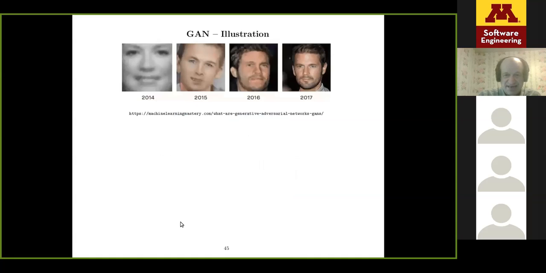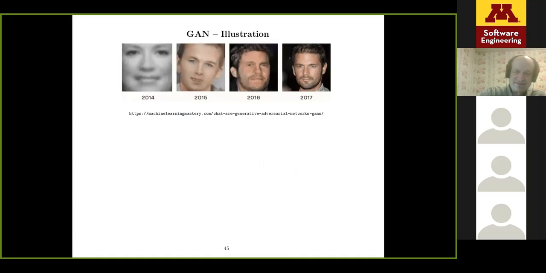And to give an idea of how well these GANs work, this is an illustration showing the progress in generating fake faces by this method. In fact, this is fairly recent. In 2014, you could generate faces that look like faces, but were pretty fuzzy. And as time goes along, they got better and better. And now they look pretty sharp.